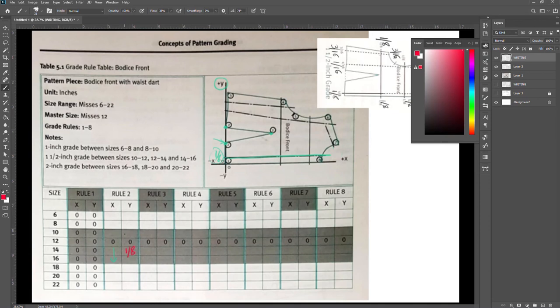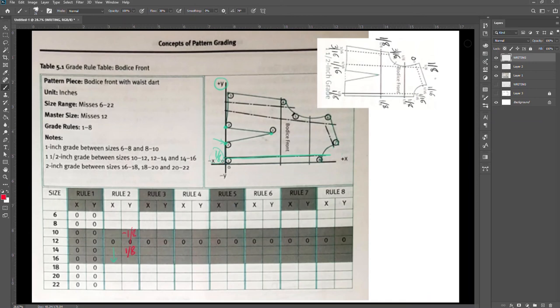Here we go. So positive 1/8 of an inch for size 14 and negative 1/8 of an inch for size 10, because size 10 would be moving towards the origin point or moving downwards, negative 1/8 of an inch, a whole 1/8 of an inch.